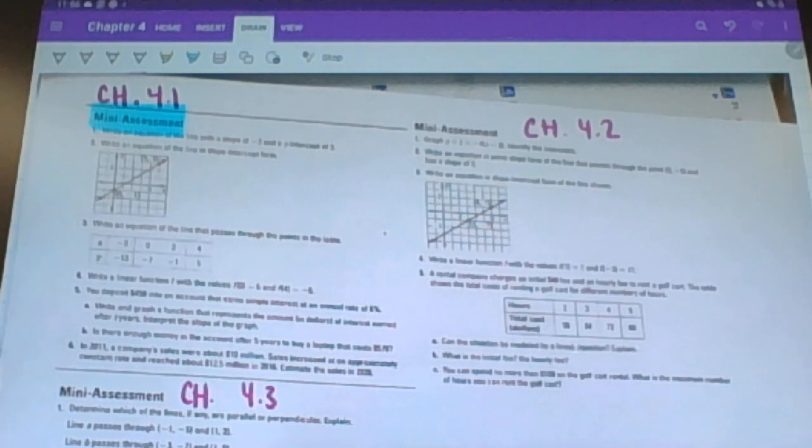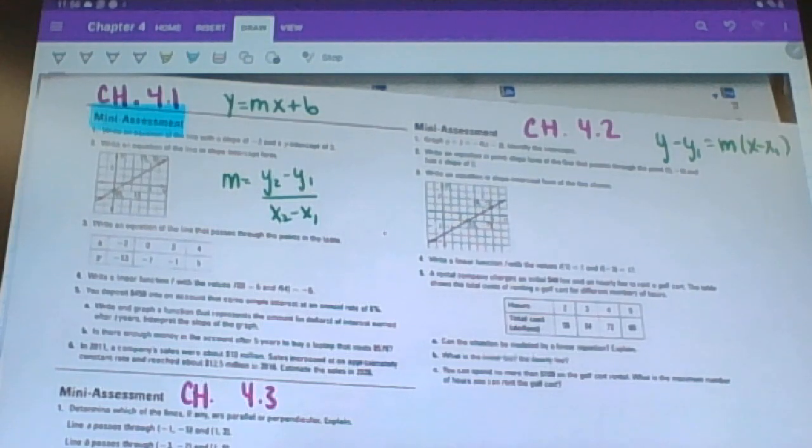All right, in 4.1, we focus primarily on slope-intercept form as well as slope formula. So I want you to consider both of those. And it was chapter 4.2 where we started doing y minus y1 equals m times x minus x1.